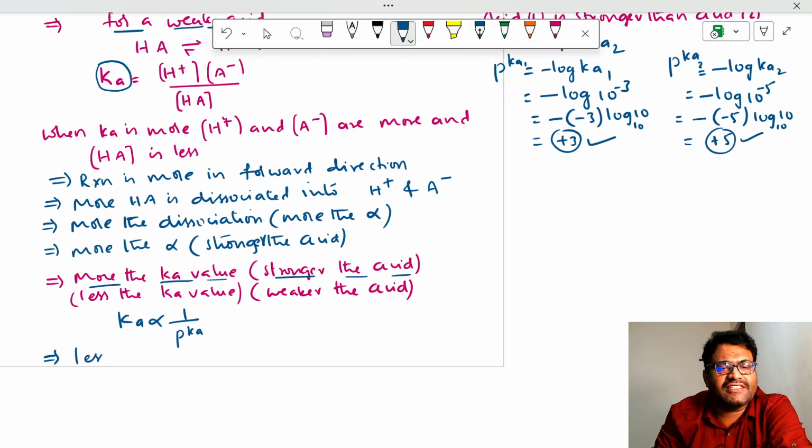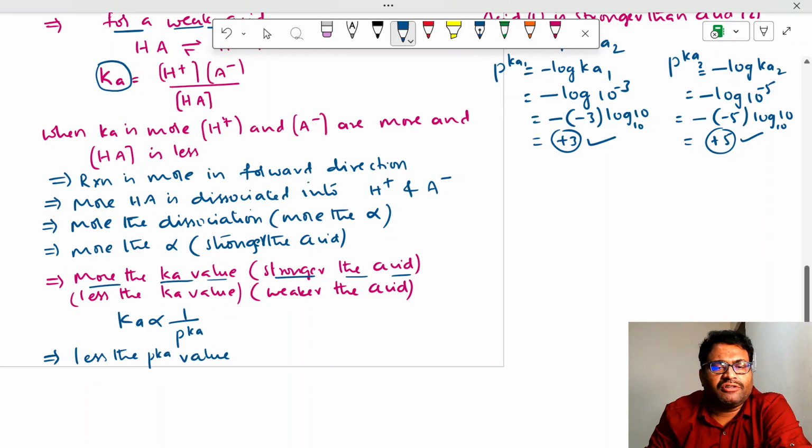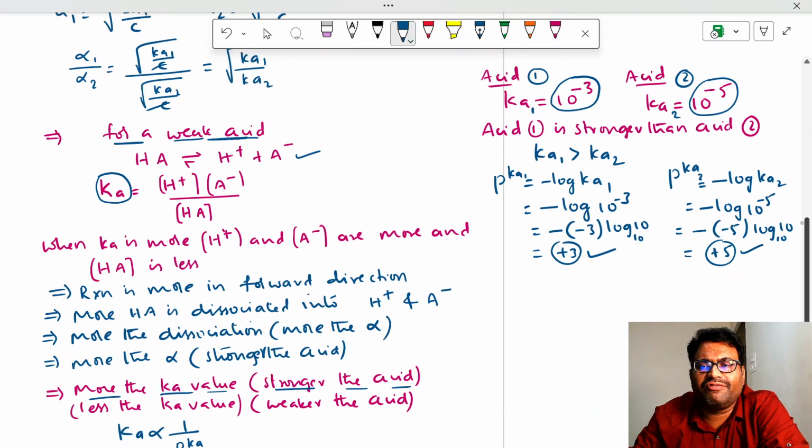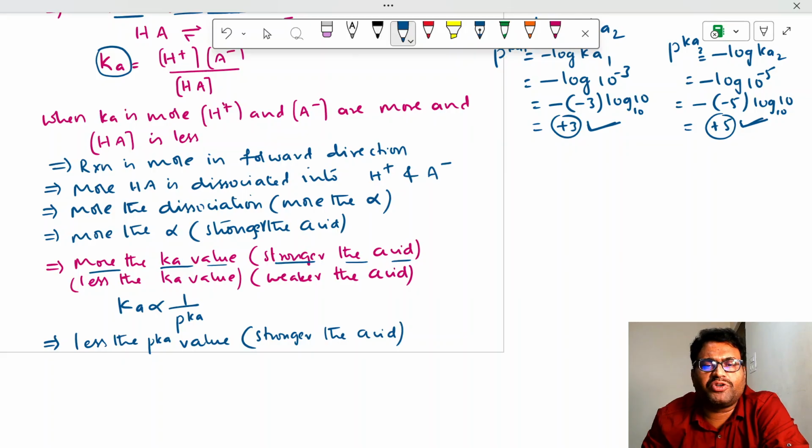That means the less the pKa value, the stronger the acid, because Ka and pKa are inversely proportional. From this data, we have found that if Ka is more, pKa will be comparatively less. If Ka is less, pKa will be more. So those two are inversely proportional.